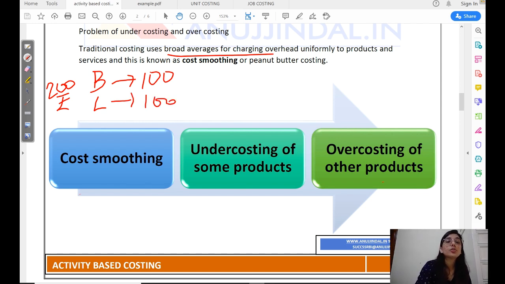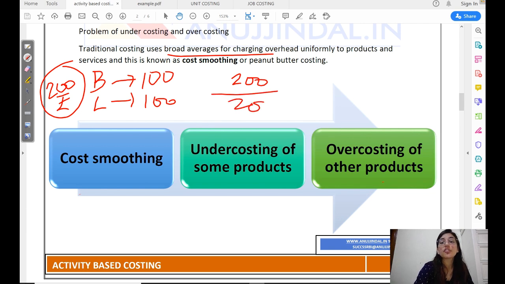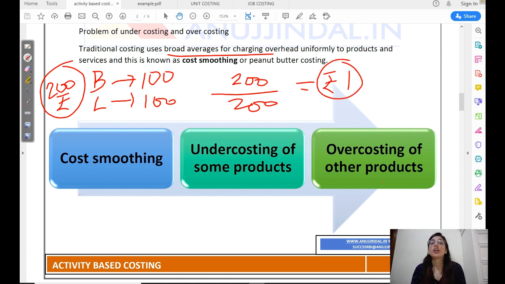Now in order to charge these overheads, the company divides the total amount of overheads by the total amount of units produced. So rupees 1 is charged per unit. So rupees 100 will be charged here and 100 will be charged here.